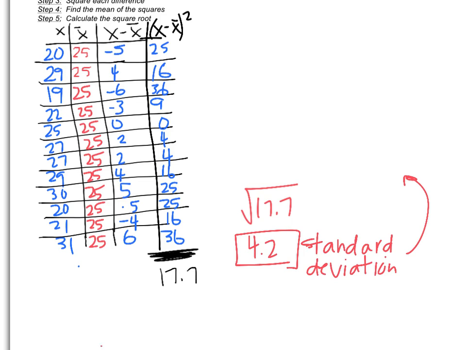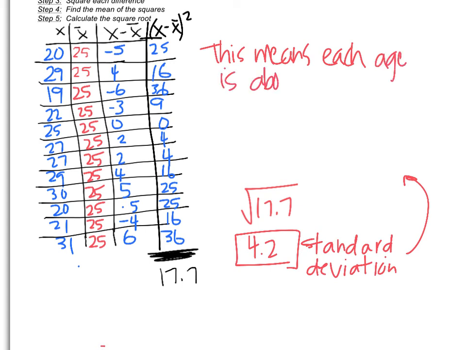So this means each age is about 4.2 years away from the mean.